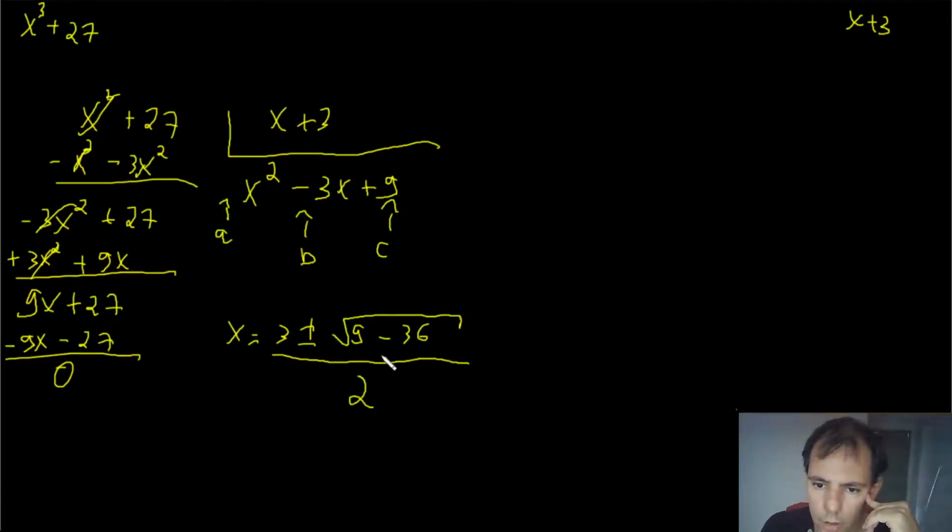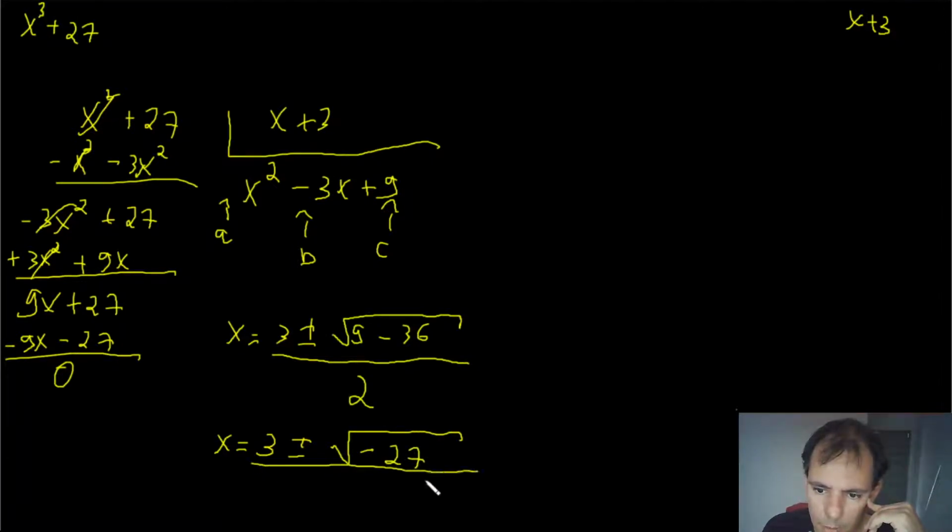So x equals 3 plus or minus the square root of minus 27, divided by 2.